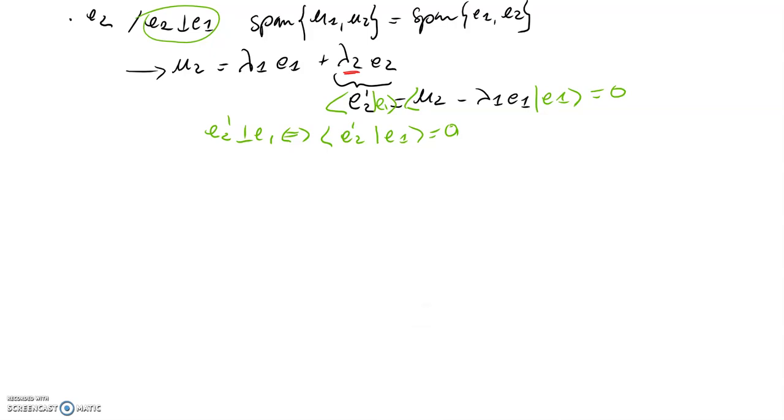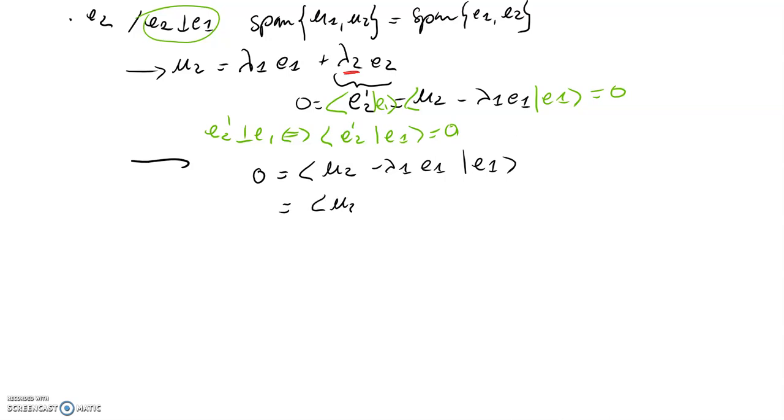So we get that 0 is equal to, we said, U2 minus lambda 1 E1 scalar product with E1. So now let's expand that using linearity.